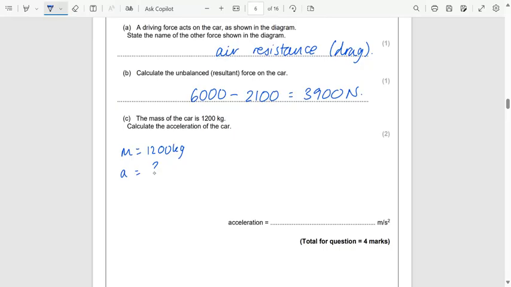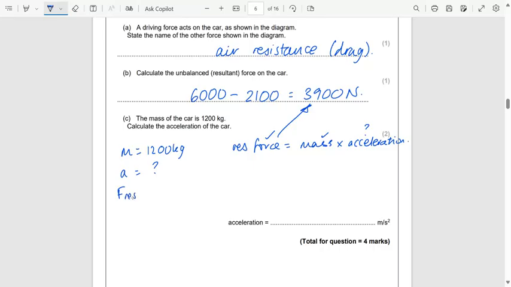So I'm looking in my data booklet for a formula in topic 1 which has mass and acceleration in it, and I find resultant force equals mass times acceleration, which means I have the mass, I'm trying to find acceleration, which means I need the resultant force. Well, if I look here, it's this number here. So I'm going to write that there.